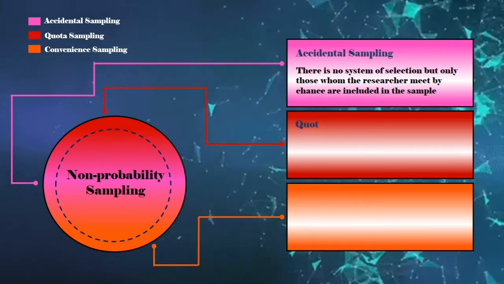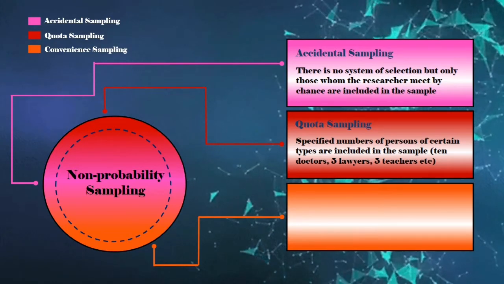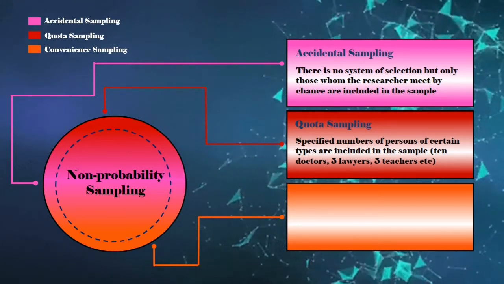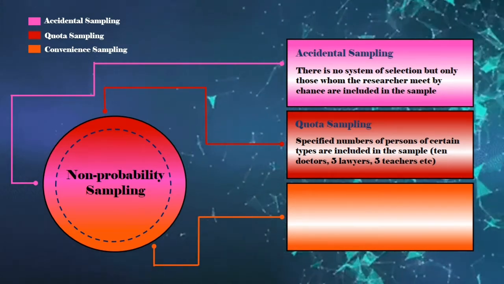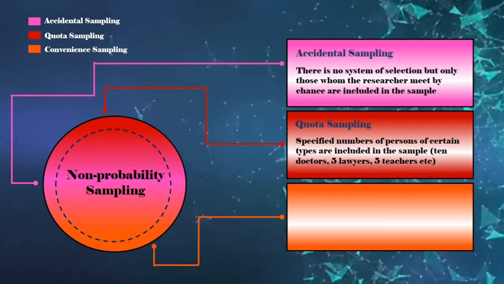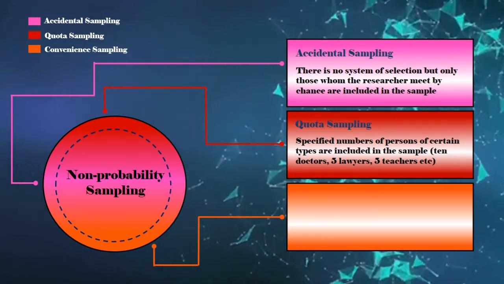Then we have quota sampling. This is where specified numbers of persons of certain types are included in the sample, such as 10 doctors, 5 lawyers, 5 teachers, and the like.